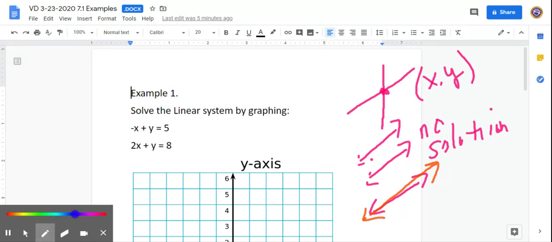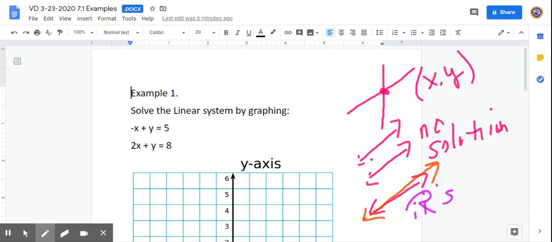They intersect everywhere. So that means every single value for x and y would work. So your solution then for this would be all real numbers. Remember my funny little r. Or you can write all real numbers. So those are the three options you're going to have, three options of solutions.